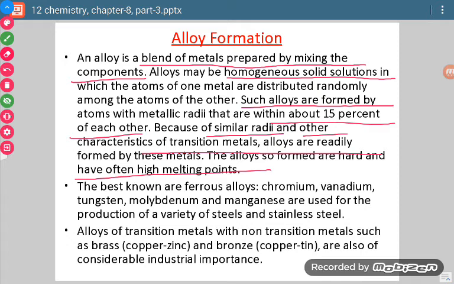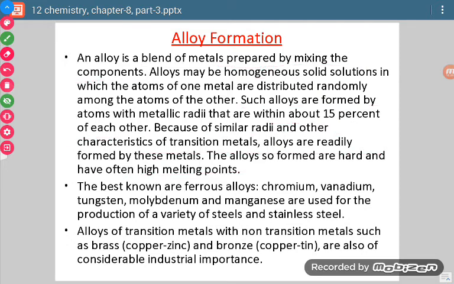Okay, now see what is said over here. What is an alloy? An alloy is a mixture of two or more metals, or a metal and a non-metal. Now how will the intermixing be smooth? It will be proper, it will be feasible only when a particular atom replaces the other atom from its crystal lattice.